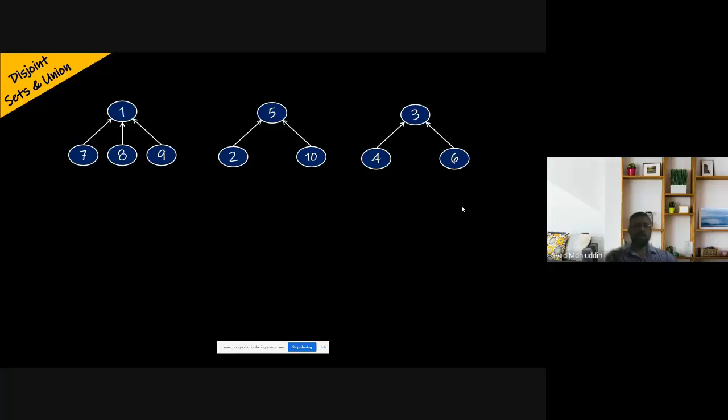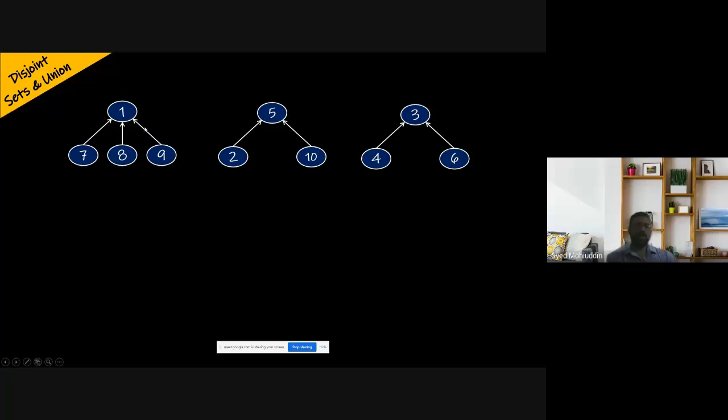In algorithms, we are not bothered about intersection of sets, as well as we are not bothered about difference of sets, though they both give the same result. But what we are bothered about is union and find. These two operations, that is, we are bothered about union and find operations.